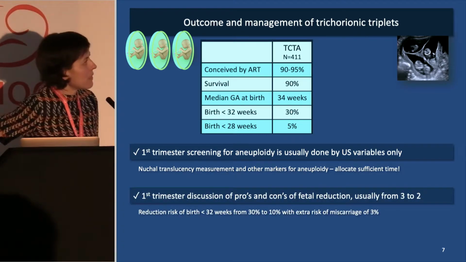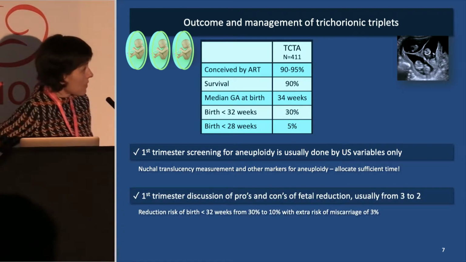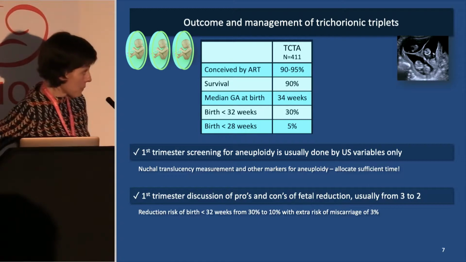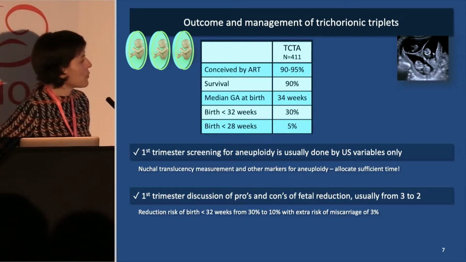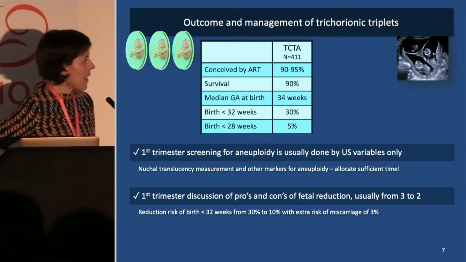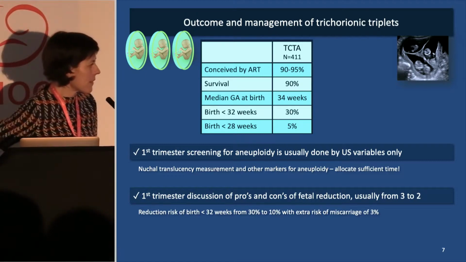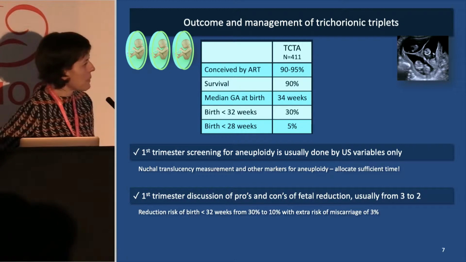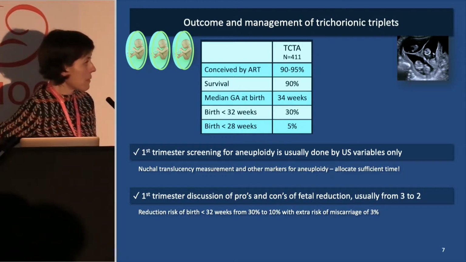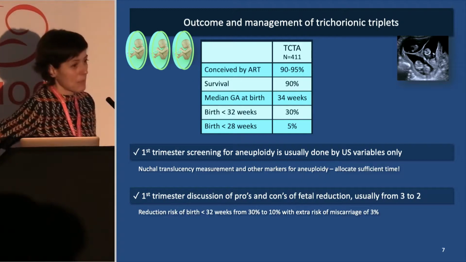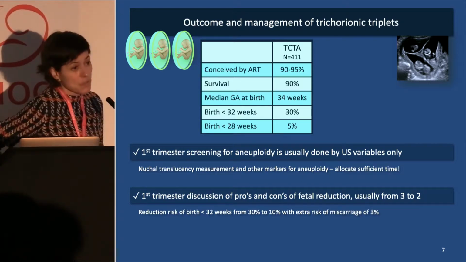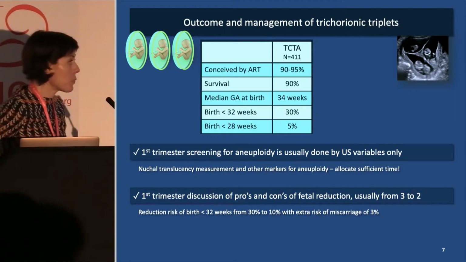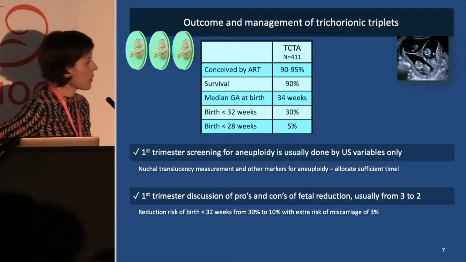But then importantly, in the first trimester, we also discuss the option to reduce, usually from 3 to 2, from a triplet to a twin pregnancy. And we explain to parents that this reduces the risk of very preterm birth from 30% to 10%. So the absolute risk difference is 20%, which means that you have to perform 5 reductions to prevent 1 very preterm birth.